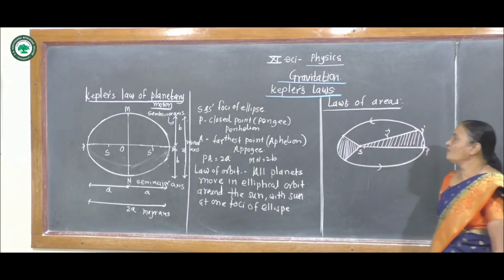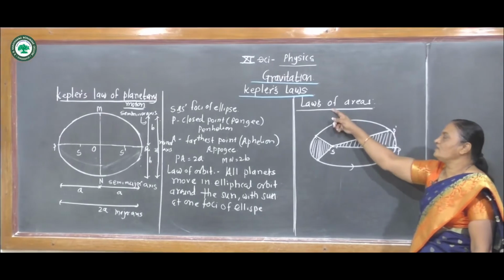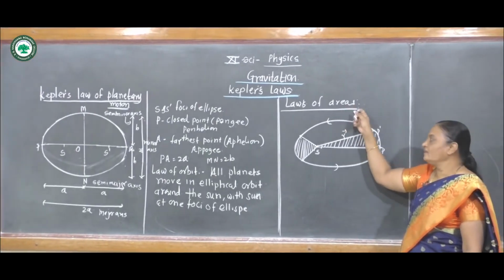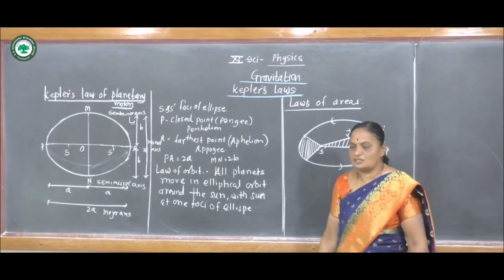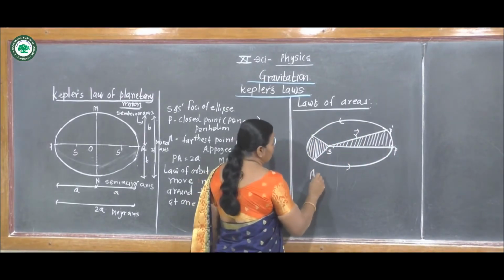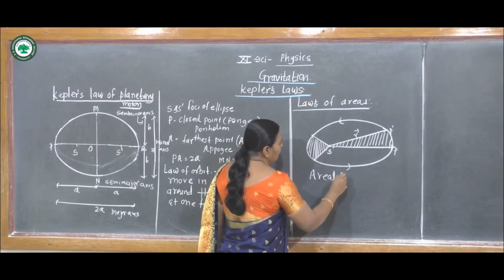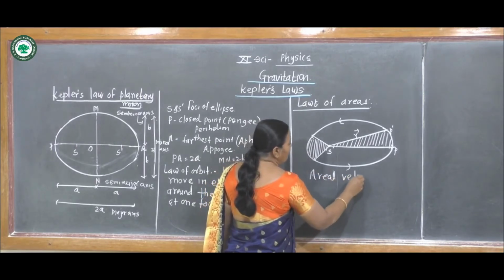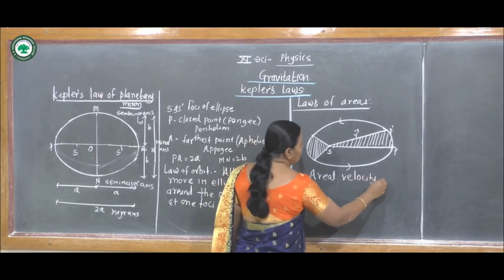Now we see the second Kepler's law. The second Kepler's law is that the areal velocity is constant.